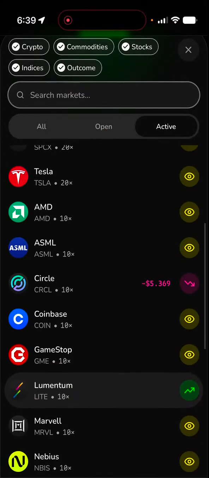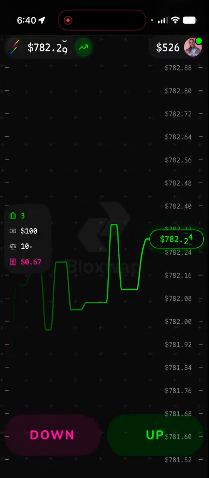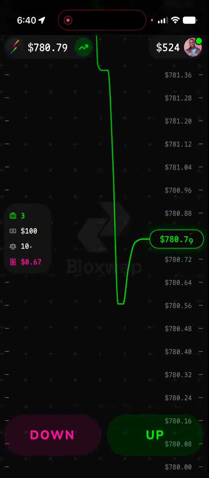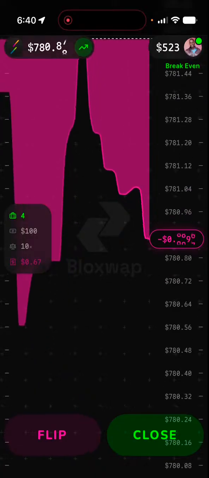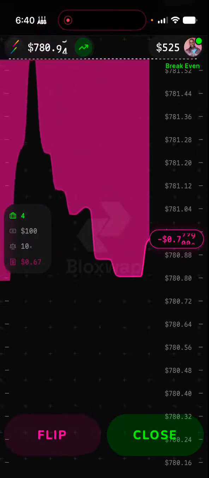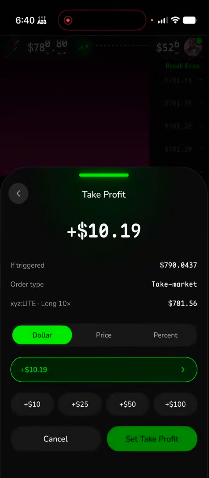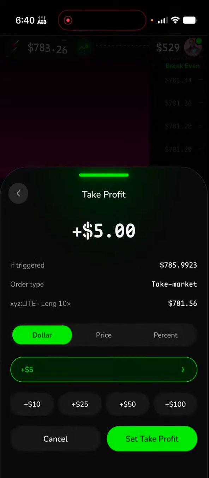All right, let's see what else. We're still waiting on our Circle to do something. Lumentum, is this still running? It's coming back down. Okay, it's a little pullback. Let's see if we can catch this pullback, and then let's set a tighter take profit. Let's try something like $5 now.